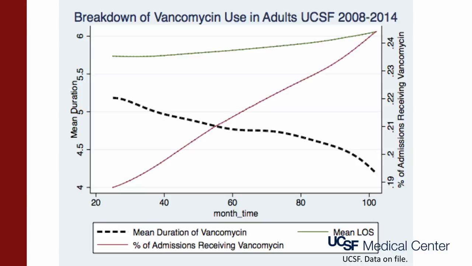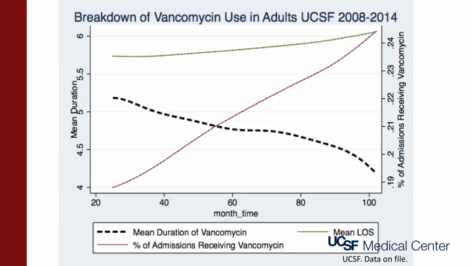A useful bit of information was figuring out what was driving the increased number of days of therapy of vancomycin. We were able to separate out the mean duration of vancomycin that patients received, noted with the dotted dark line, from the number of new starts of vancomycin, noted by the red line.